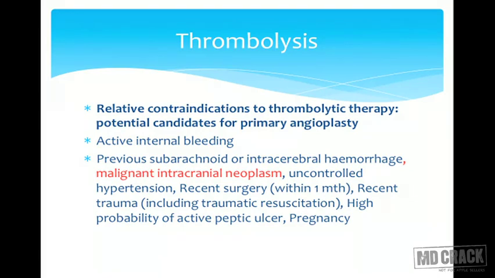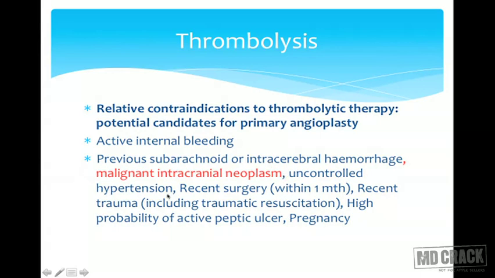Now, what are the relative contraindications to thrombolytic therapy? These are the potential candidates for primary angioplasty. That is an active internal bleed, previous subarachnoid or intracerebral hemorrhage. If the patient has some intracerebral hemorrhage or some previous subarachnoid bleed, thrombolysis is contraindicated. It is also contraindicated in malignant intracranial neoplasm.